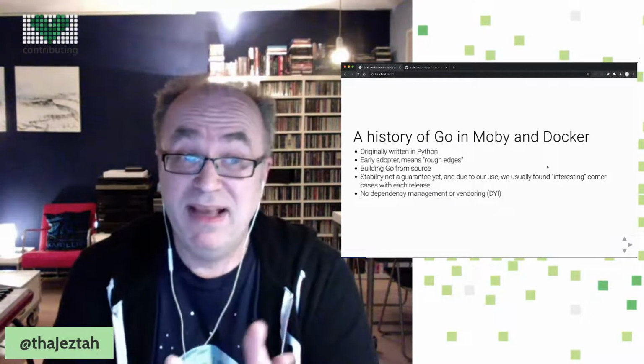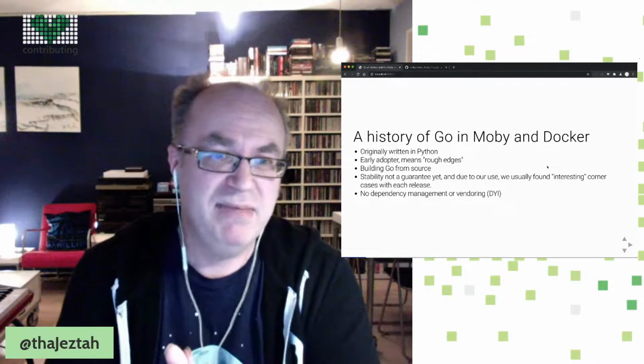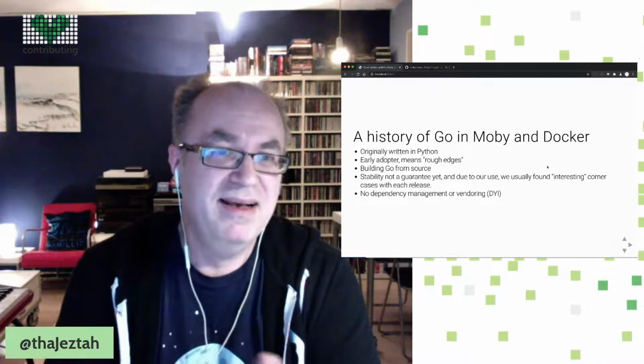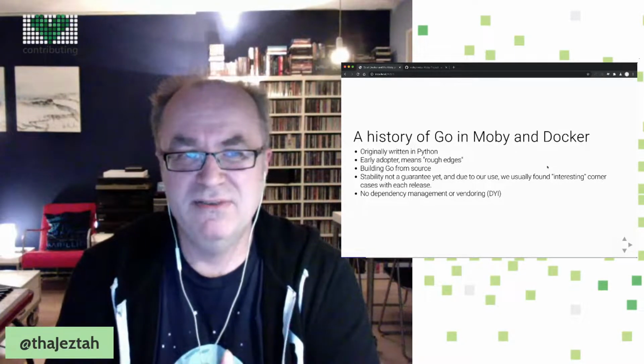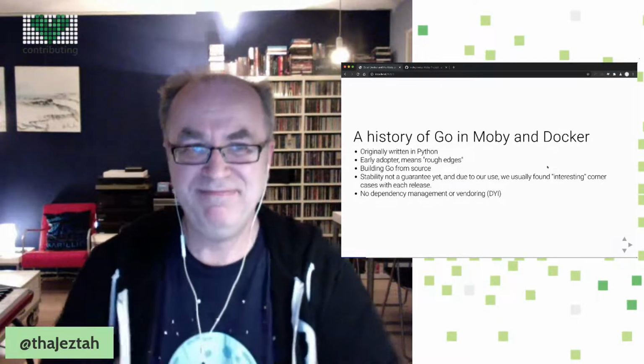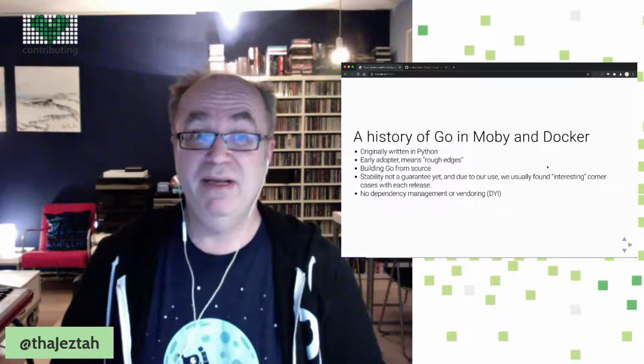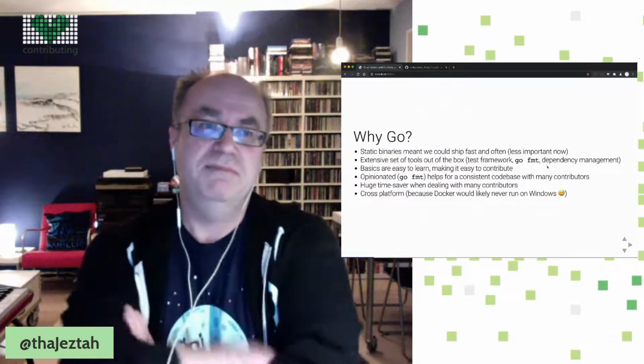That was great. Originally, there was no dependency management, really. No vendoring. It was all a bit do it yourself and get things set up. And that became a lot better over the years. The reason we chose Go, it was easy to ship for us.